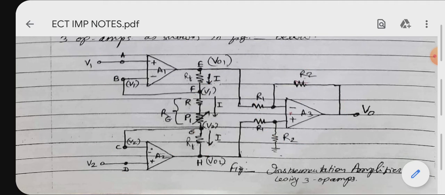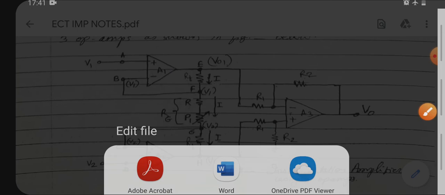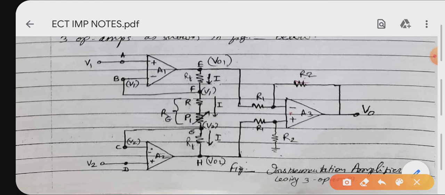If V1 is the voltage present at point A, the same voltage will be at point B. V1 is the same voltage present at point B because of the virtual short concept. Similarly, if V2 is the voltage present at point D, then the same voltage V2 will be at point C, again because of the virtual short concept. There are two feedback resistors, both having equal values, therefore denoted as RF1 and RF2 equal to RF.